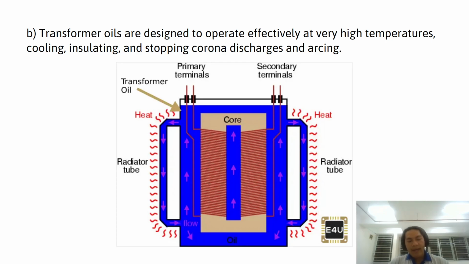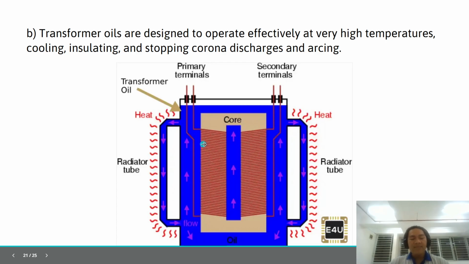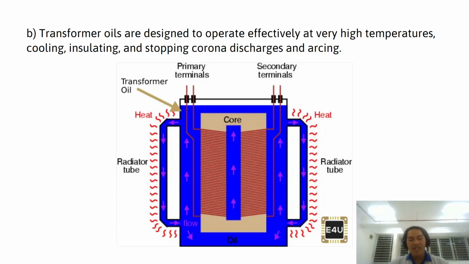As the oil near the winding gets hot, it becomes less dense and naturally rises upward. This process is called natural convection, and no pump is needed. The hot oil will move into the radiator tubes on the side of the transformer.